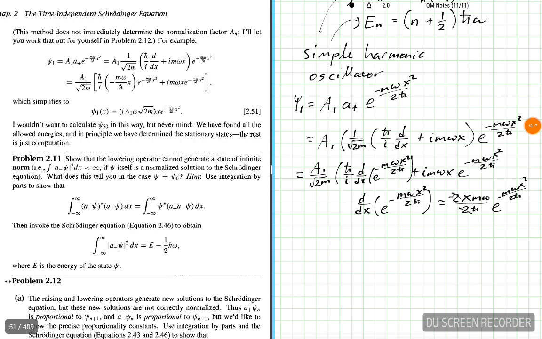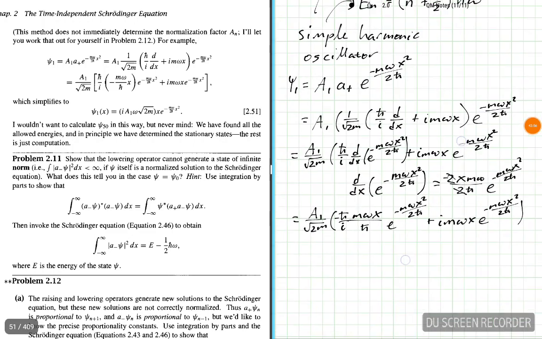Those twos cancel out. So what we get is A1 over square root 2m h bar over i, negative, times m omega x over h bar. I guess those h bars are going to cancel too. Times e to the negative m omega x squared over 2 h bar, plus all of this stuff times the same thing, so I can factor out that exponential, which is nice, so I don't have to keep writing it all the time.